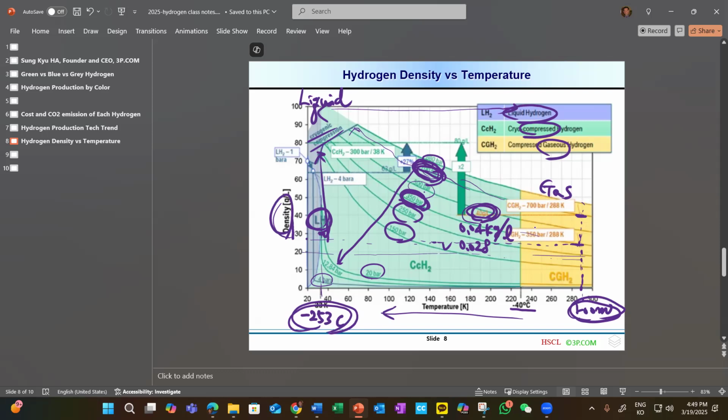The pressure can play an important role in increasing it, and temperature can also play a very important role in increasing the density. So I would say this 0.04, this density is this much, okay, density.